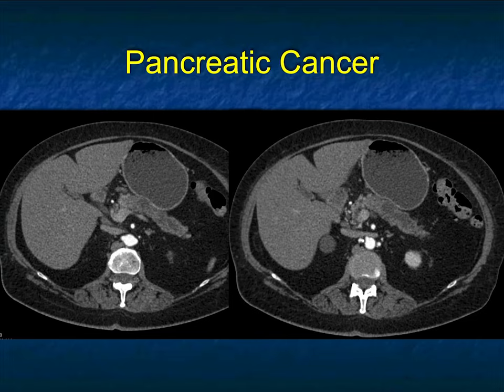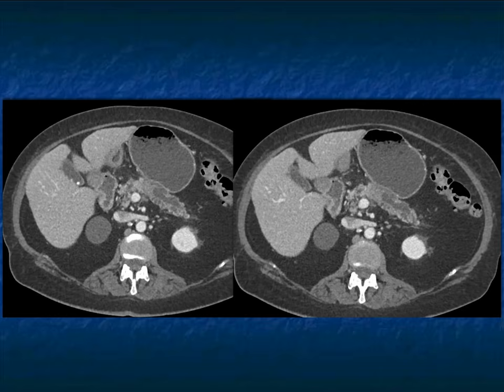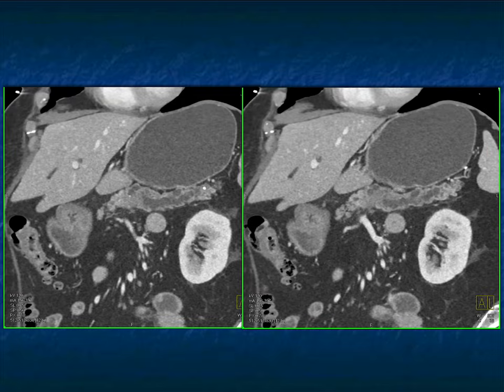Okay, pancreatic cancer. We talk about smaller lesions. This case, good example, arterial phase. Dilated pancreatic duct with transition right in the body of the pancreas. You can see it here again as we go to the venous phase. Duct dilatation, abrupt cutoff, low density mass in the 2 centimeter range, a few tiny nodes nearby. Here it is in the coronal view. Again, dilated pancreatic duct.